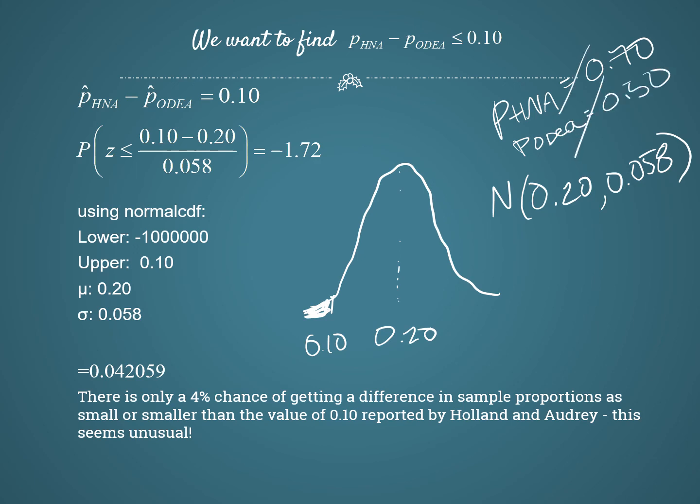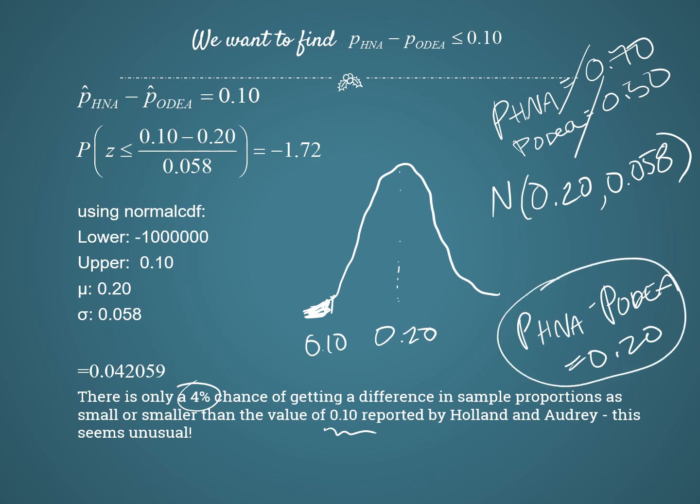Like, these must be lies. There's no way that can be true if this is what she found, because there's only a 4% chance of that happening, assuming that P-H&A minus P-O'Day is equal to 0.20. So assuming this is true, there's no way that could have happened. So this must not be true.